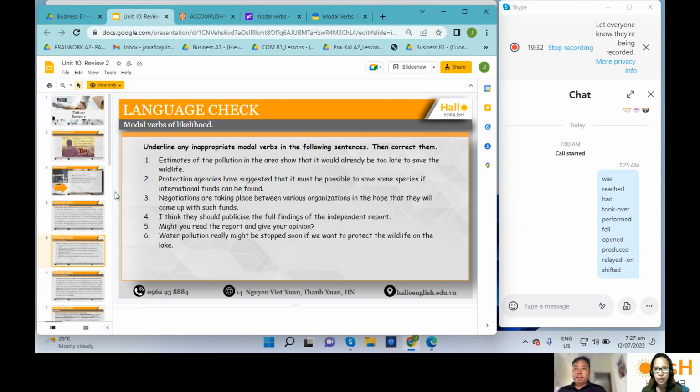What will be the correct modal verb? Would is wrong.